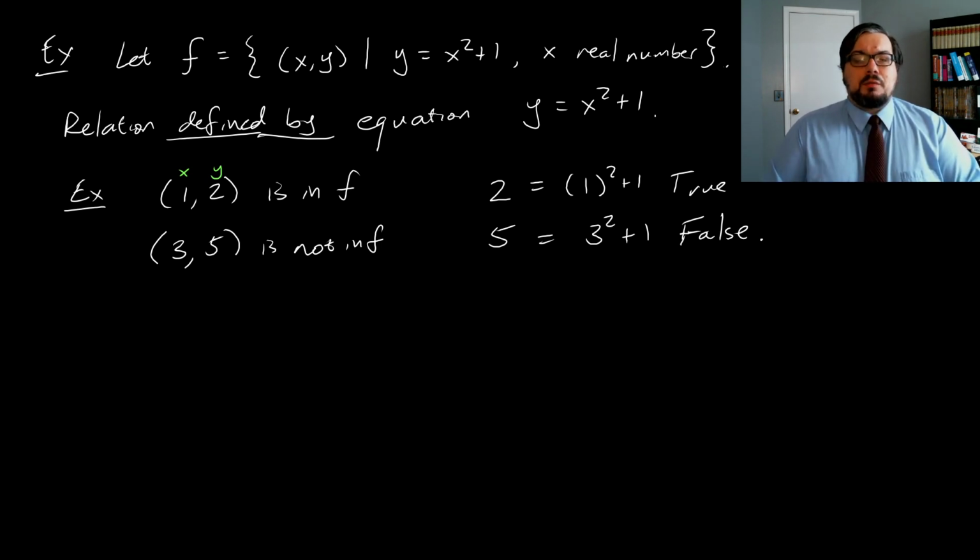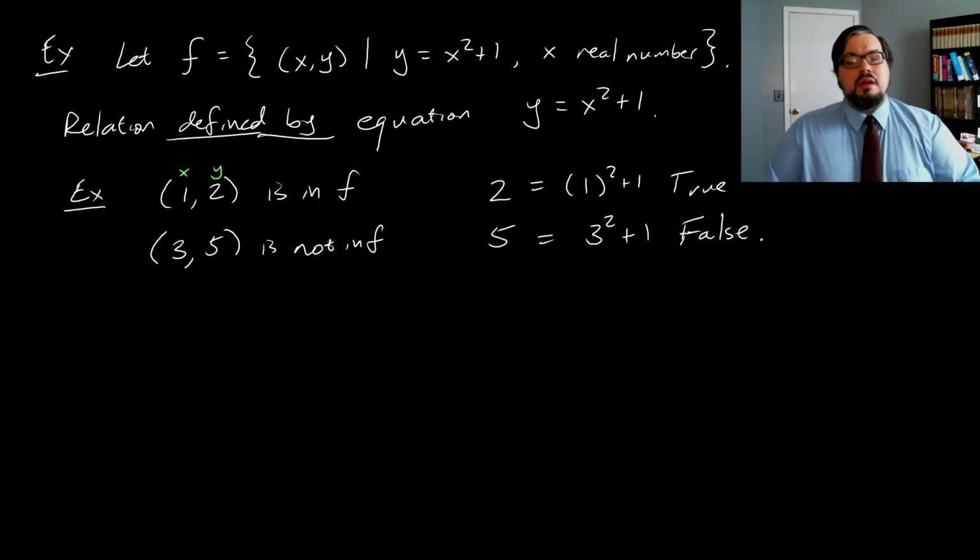Now, one really good thing about being defined by an equation is that it's very easy to check whether a pair belongs to that relation or not. You simply have to plug those numbers into the equation and see whether you get a true statement or not.